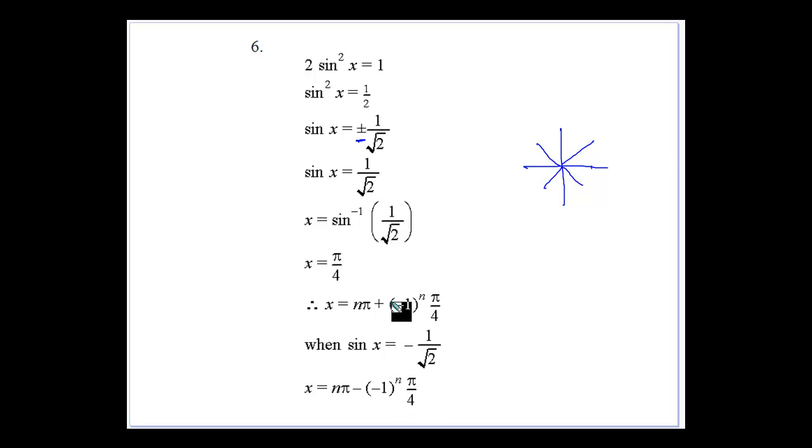So this one's going to give us the ones in the first and second, this one will give us the one in the third and the fourth. And notice all it is just a change in the sign, because n times pi is going to put us on the different axes, and then we're adding or subtracting the number there, and adding or subtracting the number there.